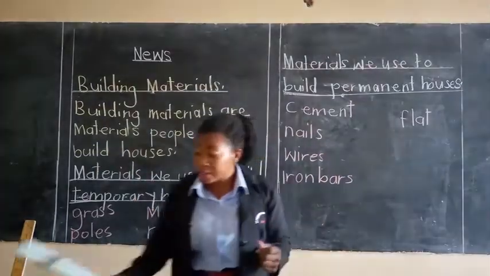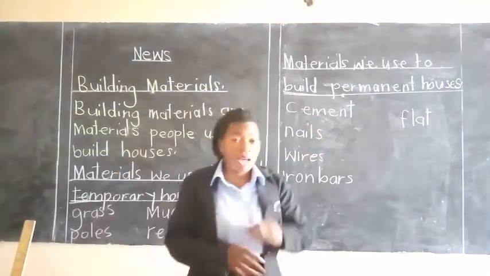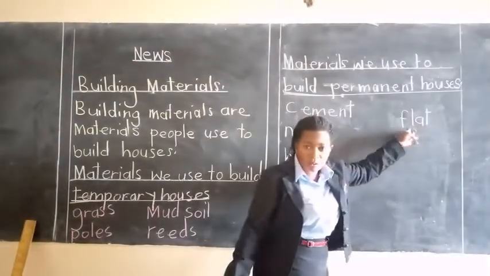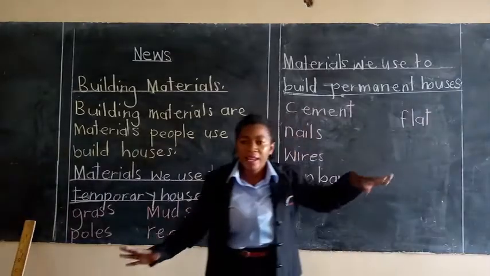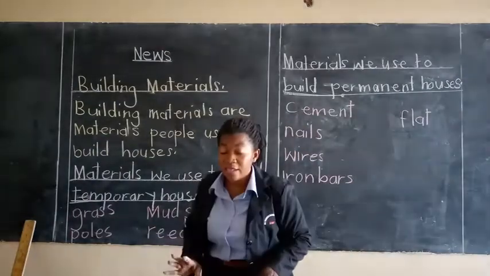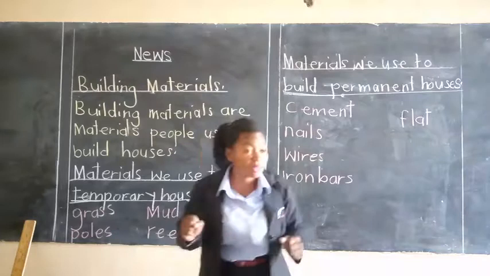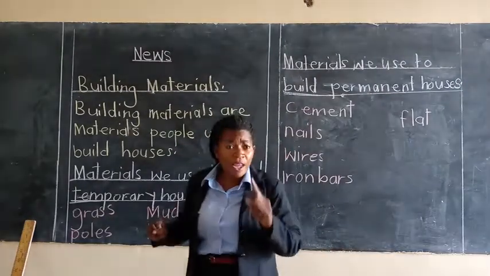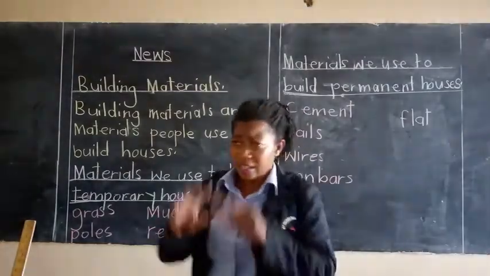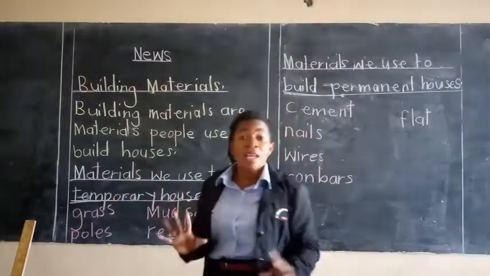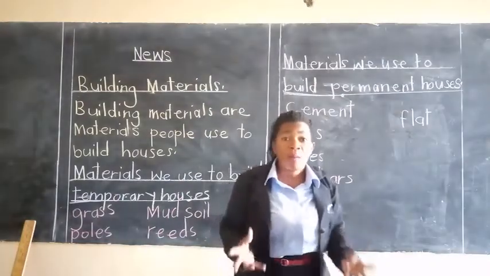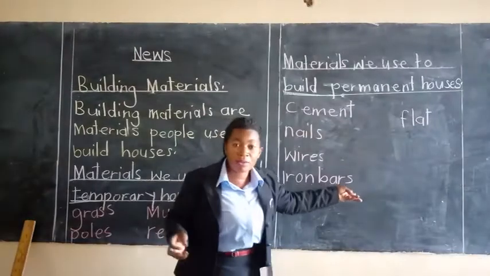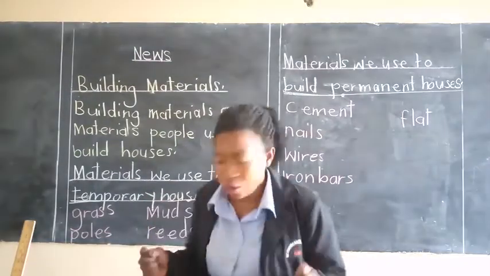When you don't put the iron bars when you are building a house like a flat, when it rains or the strong wind comes, it can blow it and it falls down. That's why you find some buildings in town fall down, because they don't put enough materials like iron bars to make the buildings very strong.